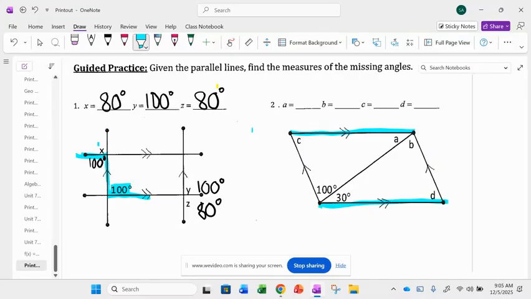Does anybody see anything we can do here or that we can make? Stella? Yeah. And don't we have a Z there? So what does that mean for angle A? It is 30, right?